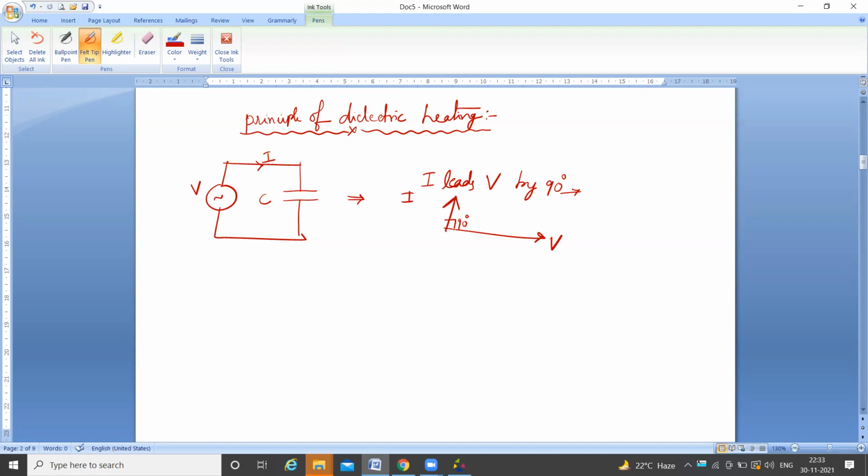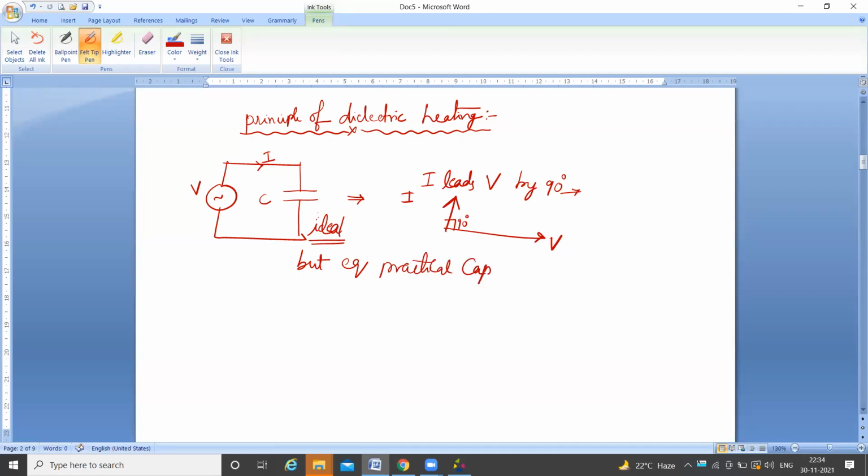Next, what happens? This happens only when the capacitor is an ideal capacitor. But in general, the equivalent practical capacitor would be like this.